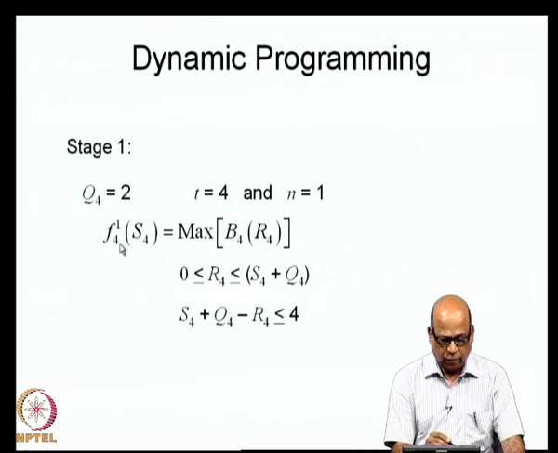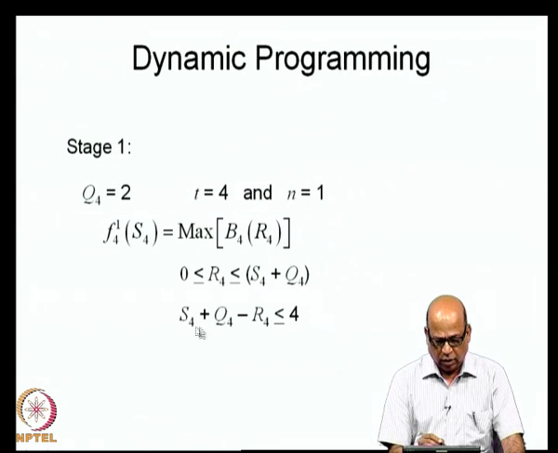So, we write F 4 1, that is time period is equal to 4 and n is equal to 1, the stage number 1. Because you do not have anything else to look beyond, it is simply maximize B 4 of R 4, and R 4 is the decision. Remember here that the storage plus inflow minus the release must be less than or equal to the total capacity available, which is 4.